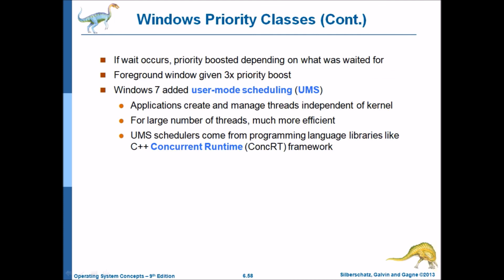Windows priority class continues. When a variable priority thread is released from a wait operation, the dispatcher boosts the priority. The amount of the boost depends on what the thread was waiting for. When a user is running an interactive program, the system needs to provide especially good performance.